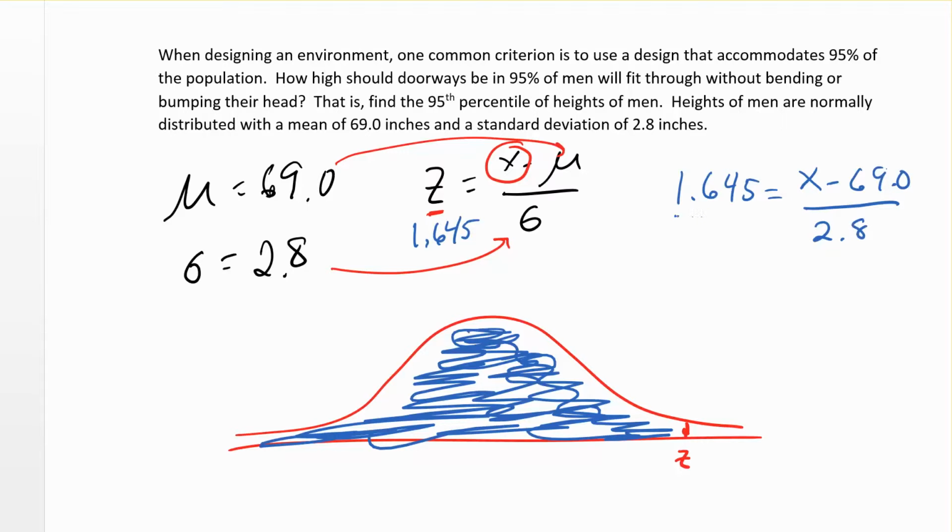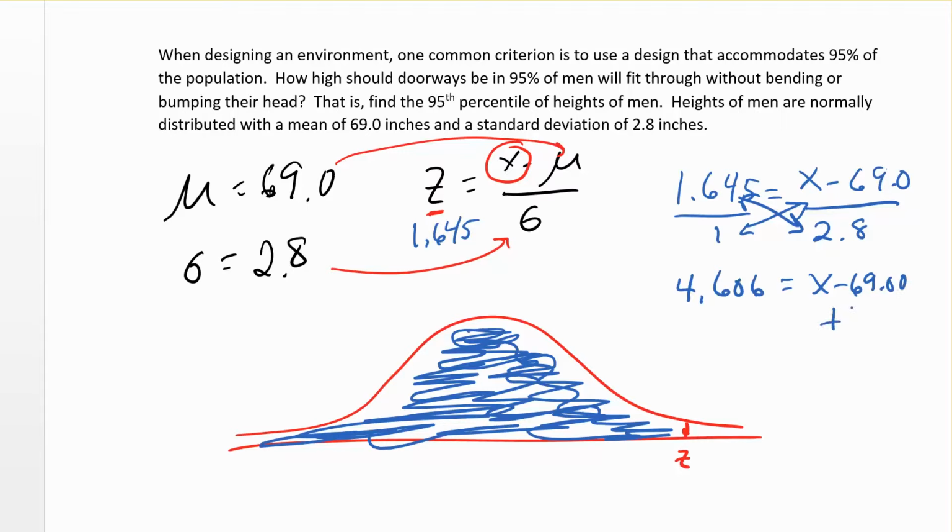And in order to solve for x, we're going to need to cross multiply and solve. So 1.645 times 2.8 is 4.606, and that equals 1 times x minus 69.0.